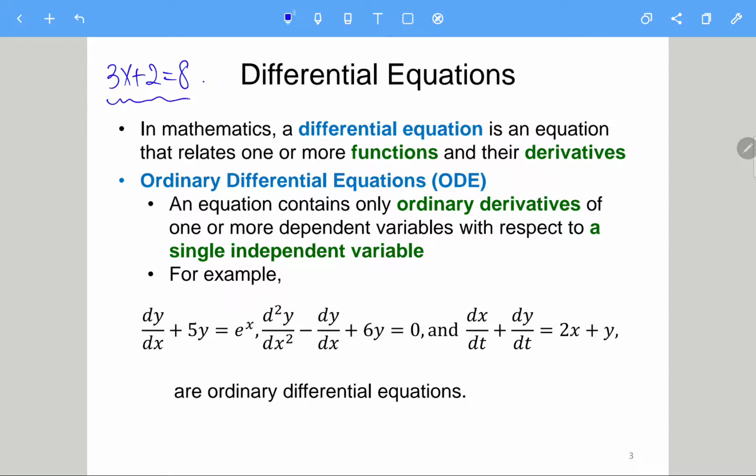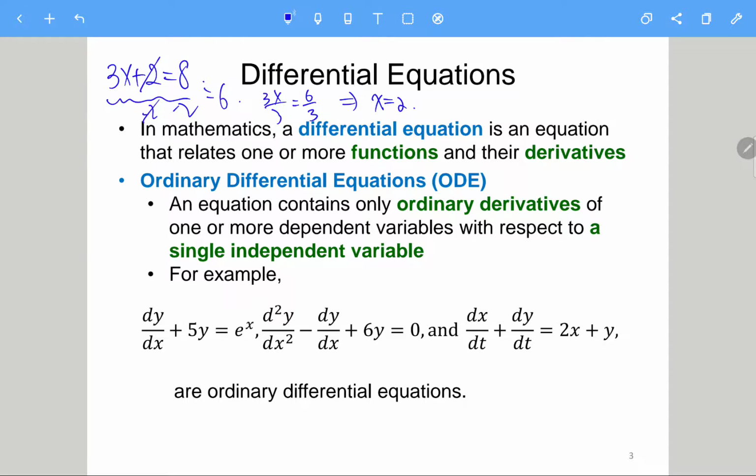This is actually an algebraic equation. So in this equation, you can subtract 2 on both sides. Then this 2 and this 2 cancel, so we have equals 6 on the right hand side. Then we can divide by 3 on both sides, so that finally we get x equals 2.